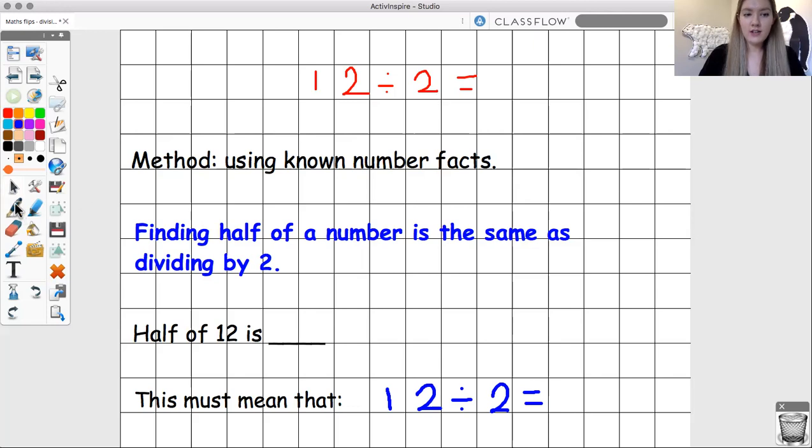So if you know that half of 12 is, call out to the screen, half of 12 is 6, you will realise that it must mean that 12 divided by 2 is 6, because dividing by 2 is the same as finding half. So you might use these known number facts of finding half when dividing by 2 for your next questions.